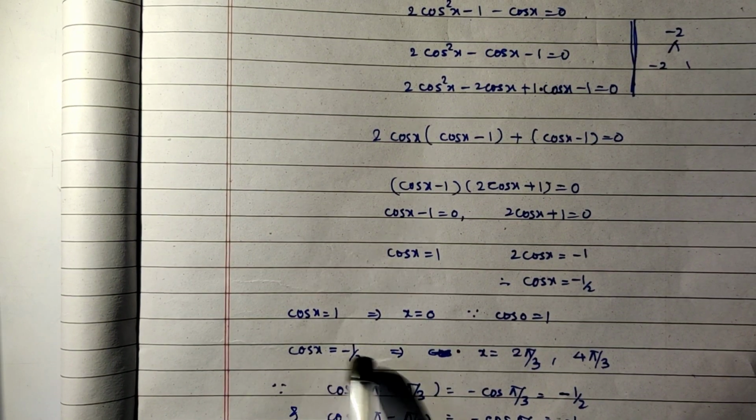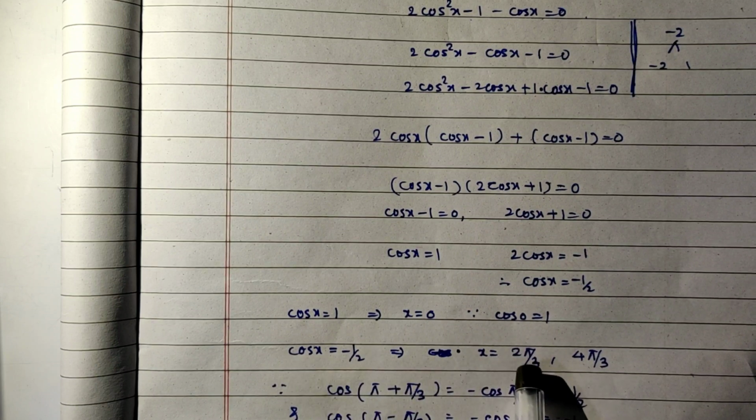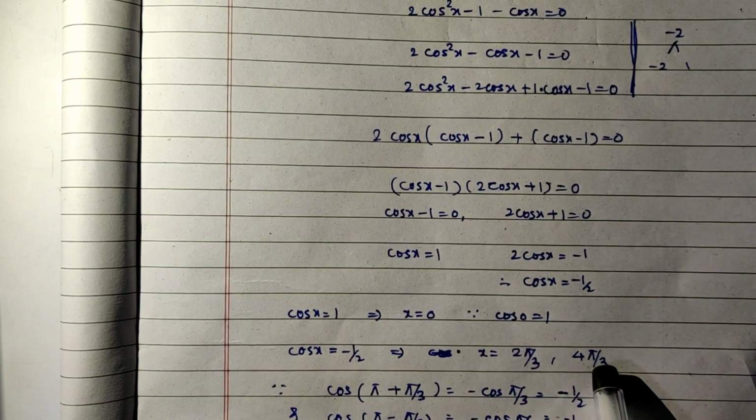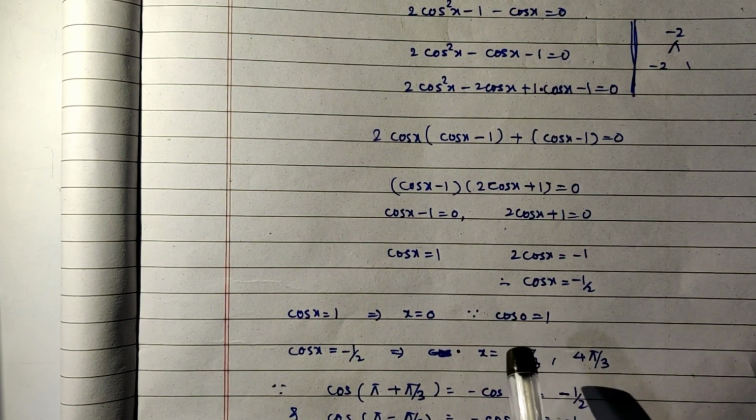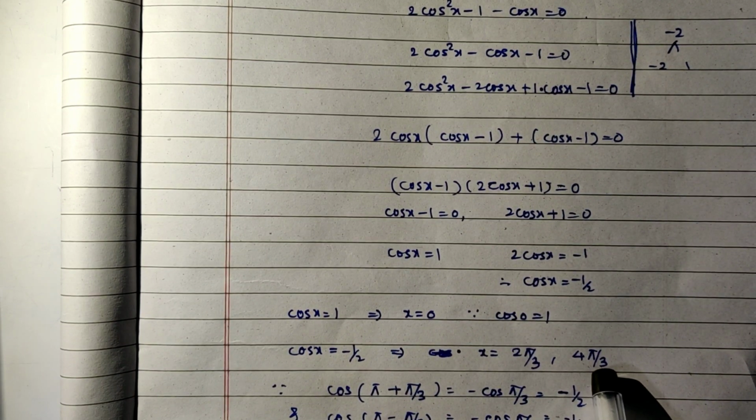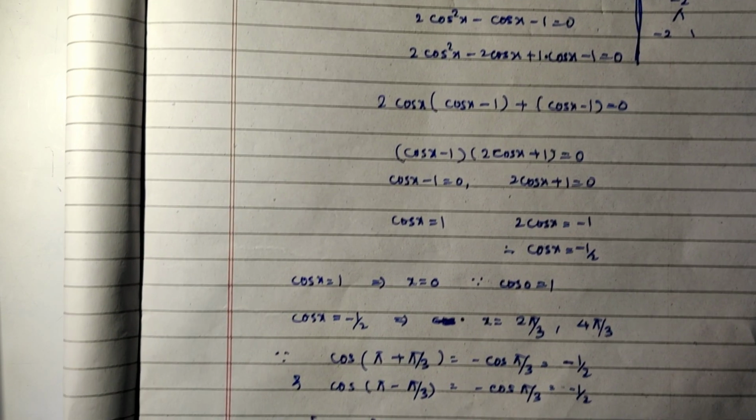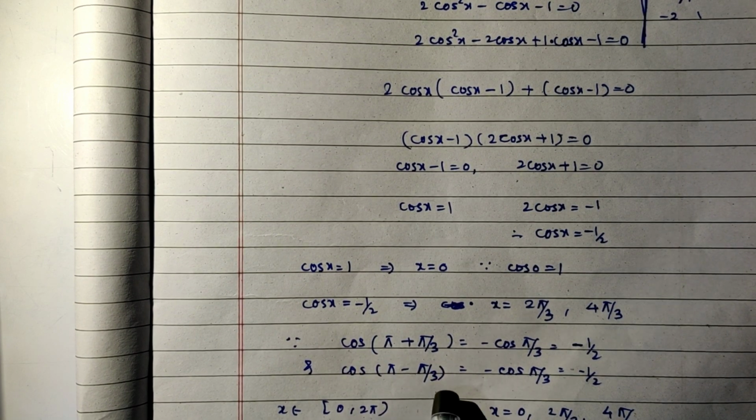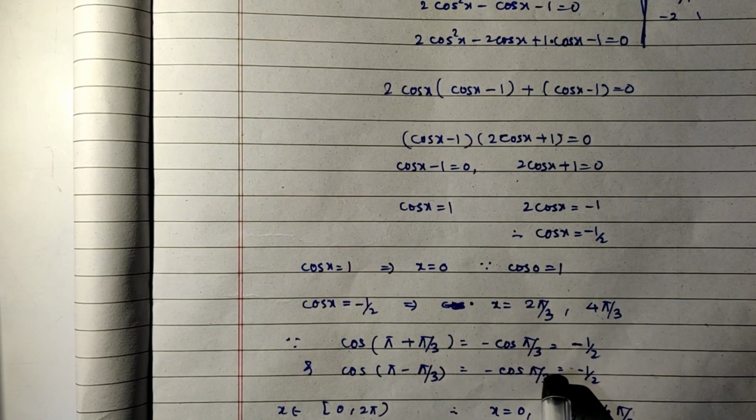Again another value of cos x is minus 1 upon 2. Cos x is minus 1 upon 2, and we have cos of 2 pi by 3. See, in the second and third quadrants cos is negative. So in the second quadrant 2 pi by 3, in the third quadrant 4 pi by 3. Cos of pi plus theta and cos of pi minus theta are equal to minus cos theta.